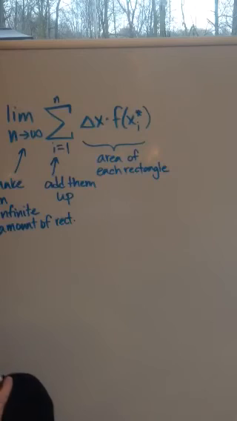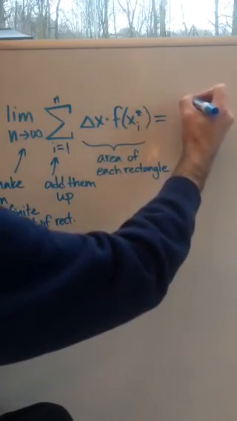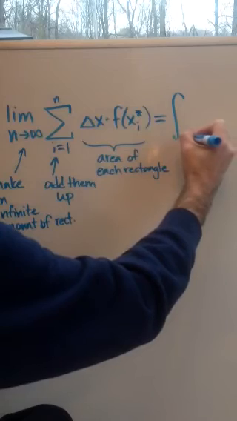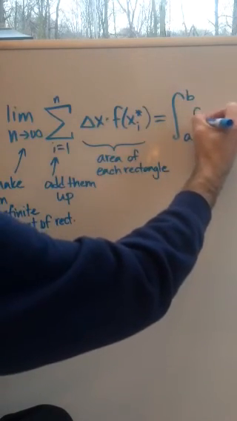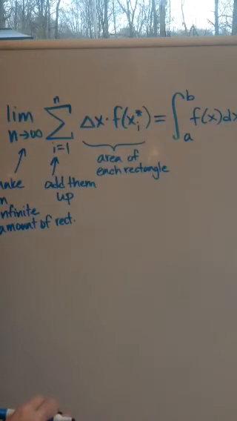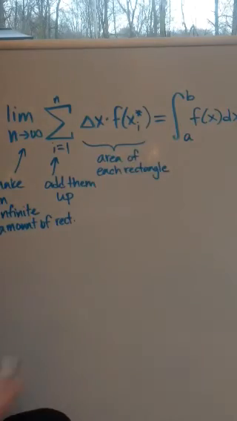Okay, now this is where it ties into this weird new symbol that you're maybe starting to see. This is equal to the integral from a to b of f of x dx. So for right now, our integral is representing this area between a and b that's trapped underneath the curve and is bounded by the x-axis.